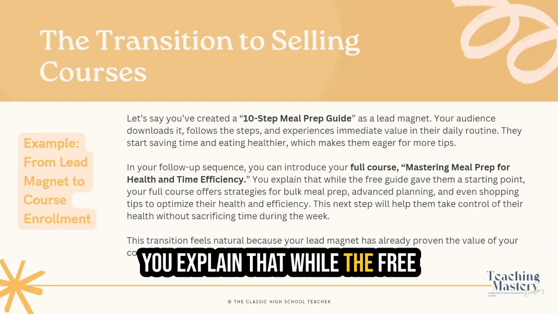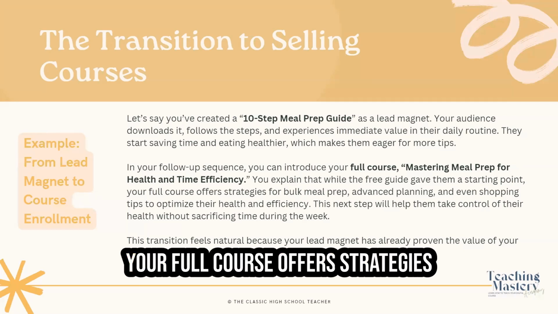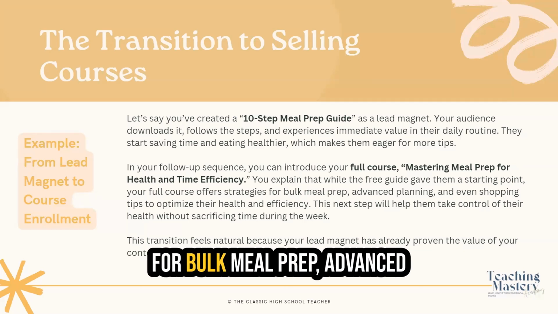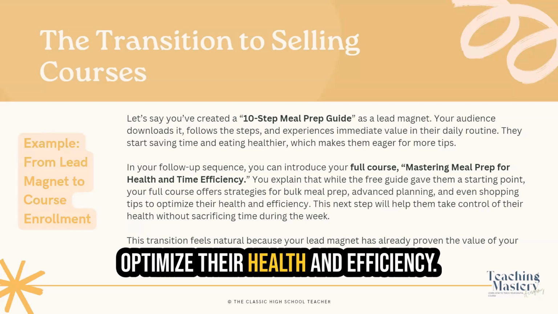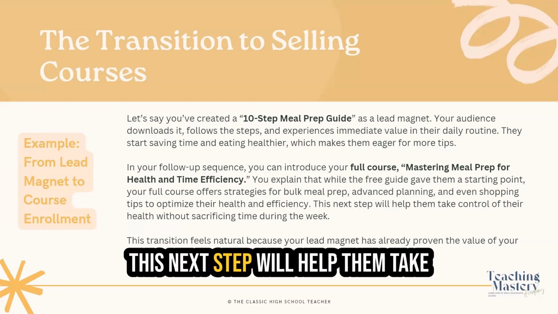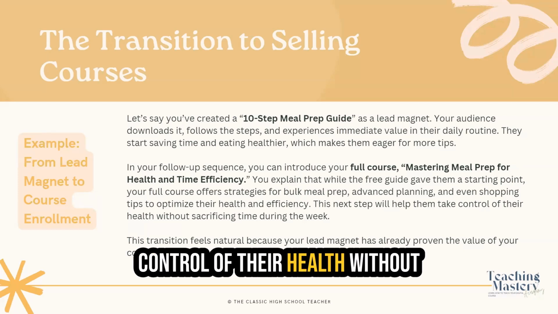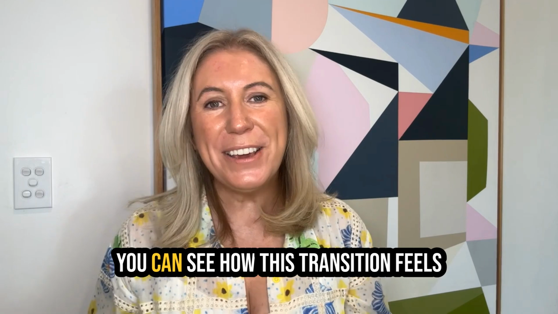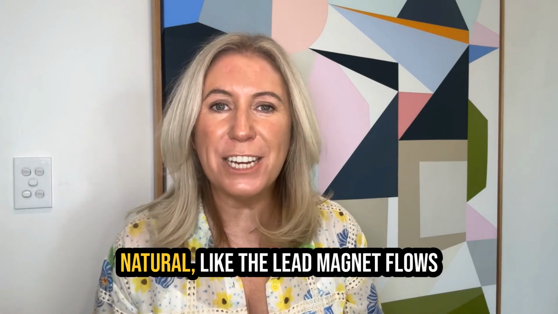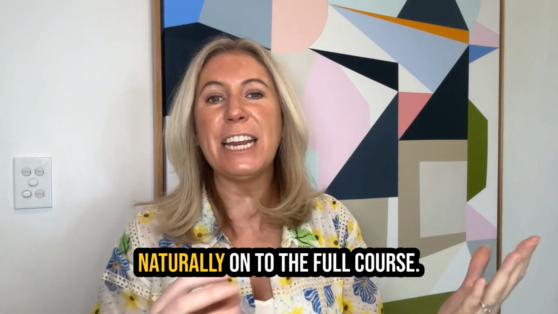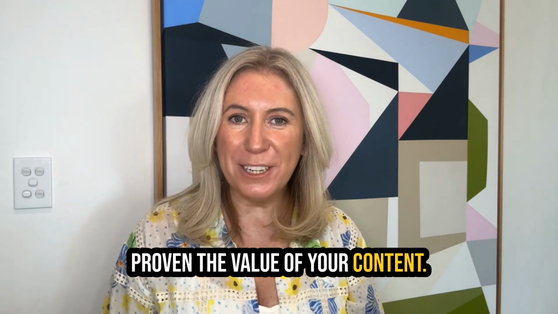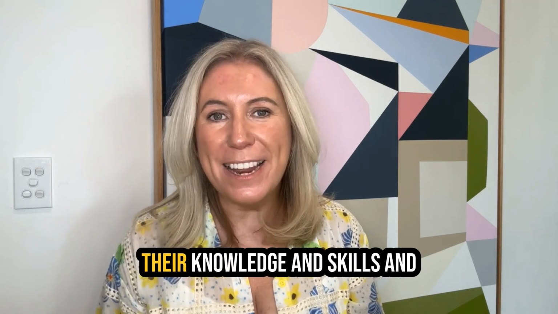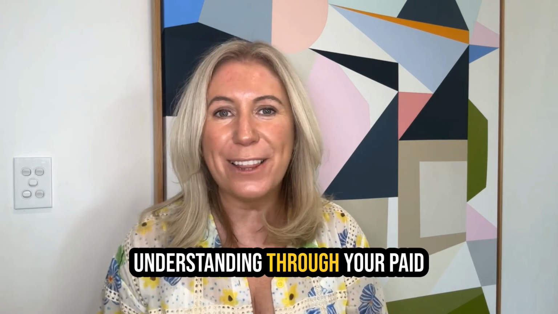You explain that while the free guide gave them a starting point, your full course offers strategies for bulk meal prep, advanced planning, and even shopping tips to optimize their health and efficiency. This next step will help them take control of their health without sacrificing time during the week. You can see how this transition feels natural, like the lead magnet flows naturally onto the full course. The lead magnet has already proven the value of your content, and now they're ready to deepen their knowledge and skills and understanding through your paid course.